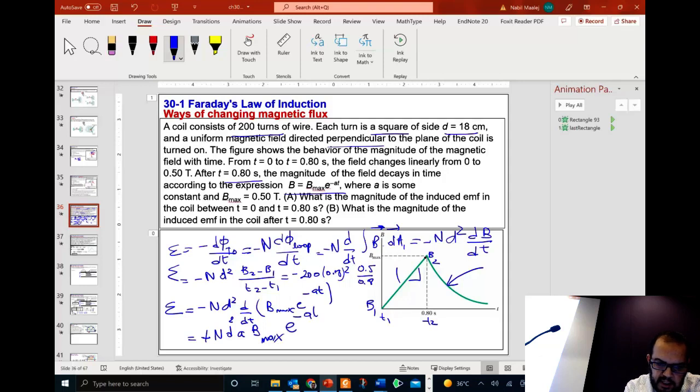exponential minus AT. Okay, so here they asked us to evaluate this at a time: what is the magnitude of the induced EMF in the coil at t equal to 0.8 seconds. So this is the equation, and we can replace all the values. We don't have the constant A here, so it stays as an equation.